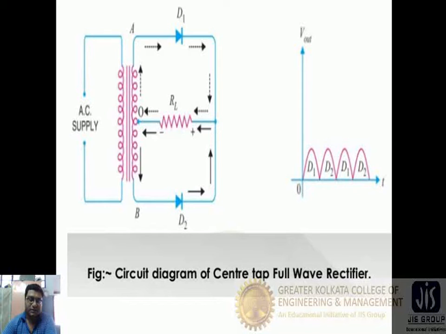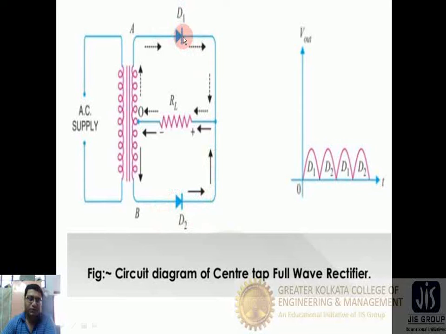So we can see when D1 is conducting, D2 is off, and when D2 is conducting, D1 is off.